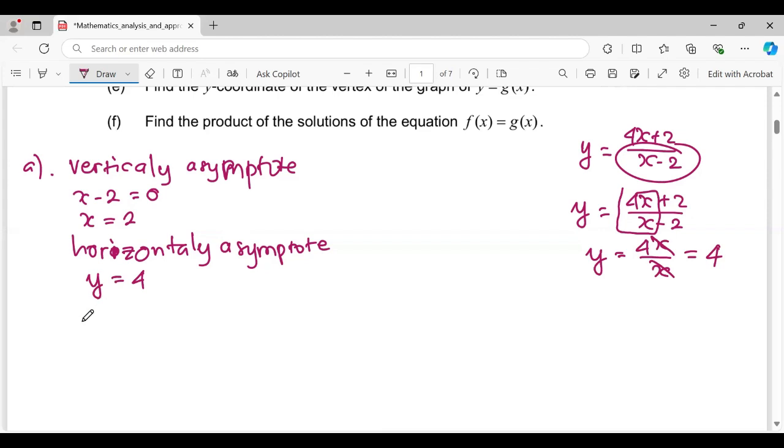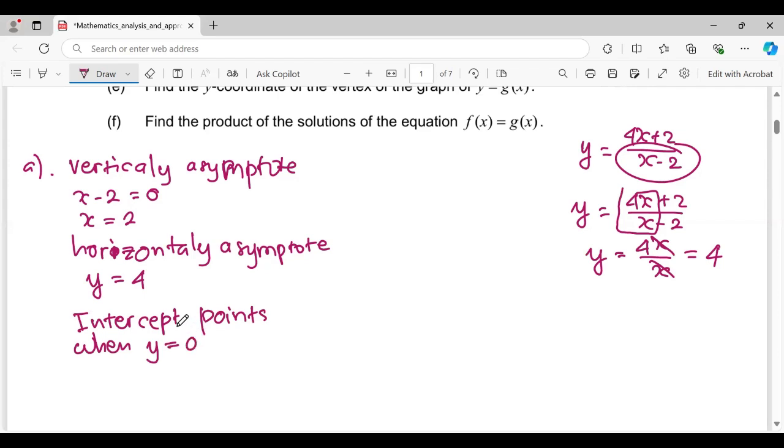And the next step is the intercept points. We need to determine the intercept points. Intercept points when y equals 0.